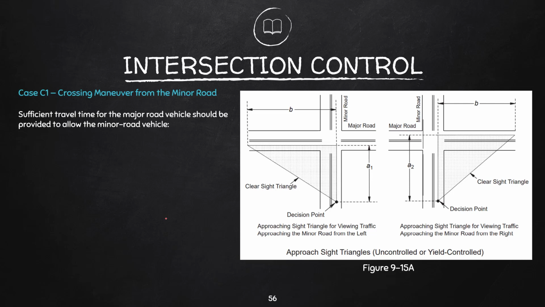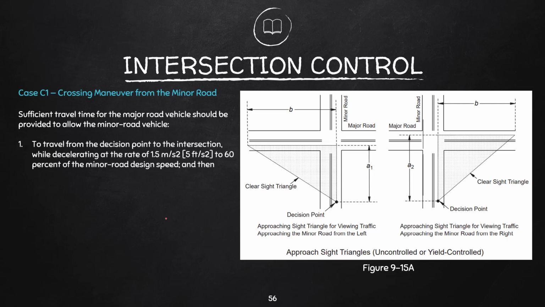Sufficient travel time for the major road vehicle should be provided to allow the minor road vehicle to travel from the decision point to the intersection while decelerating at a rate of 1.5 meters per second squared, similar. So from this one, decision point crossing, they are decreasing, to cross and clear the intersection at the same speed.